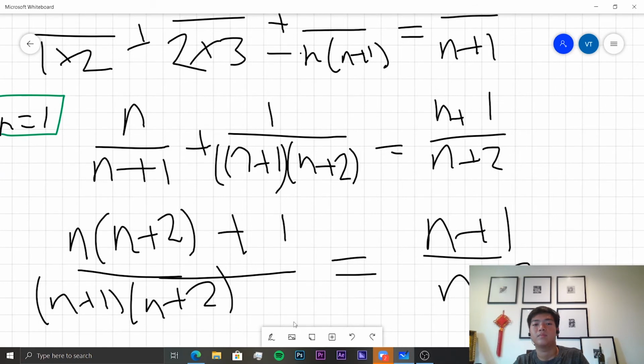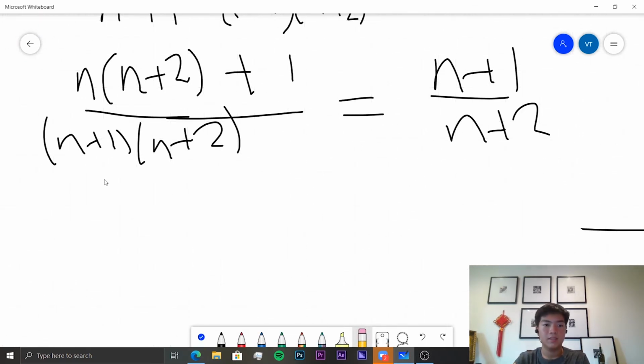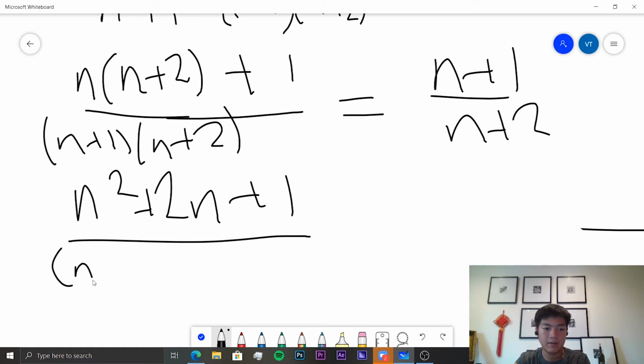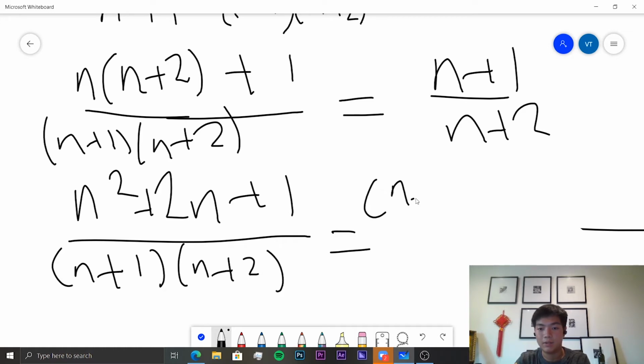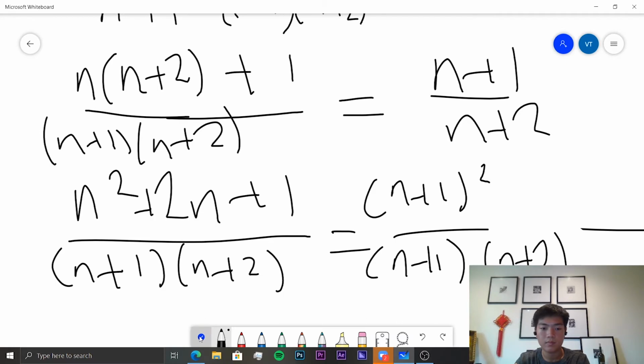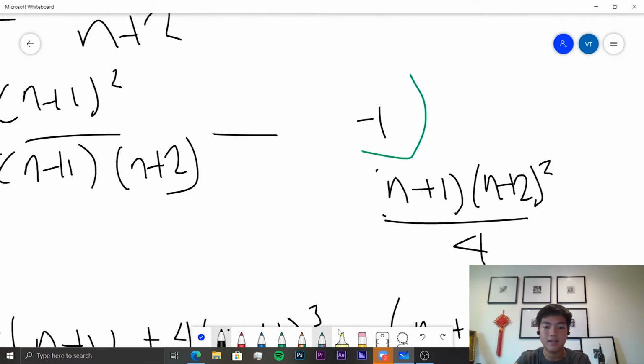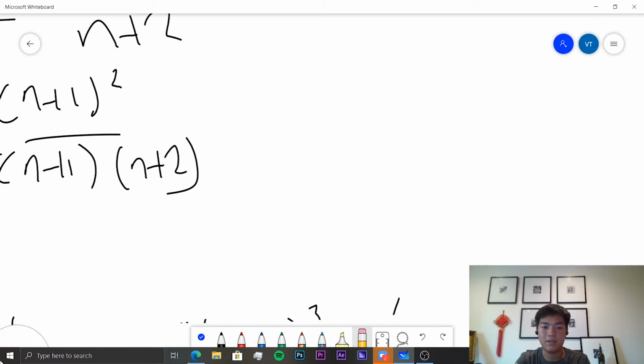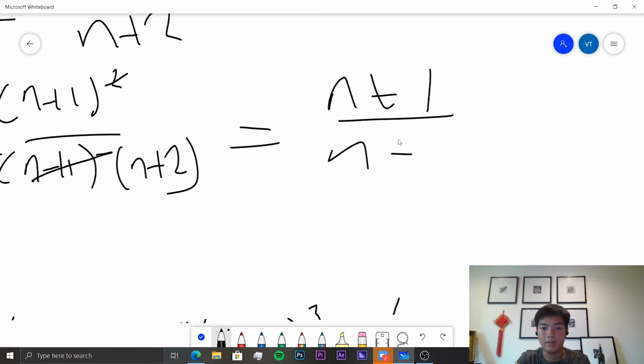So what is this? n squared plus 2n plus 1, of course, divided by n plus 1 times n plus 2 is equal, of course, to n plus 1 squared over n plus 1 times n plus 2. Sorry, let me move that so you can see it. And of course, if we cancel this out, this will be equal to n plus 1 over n plus 2.